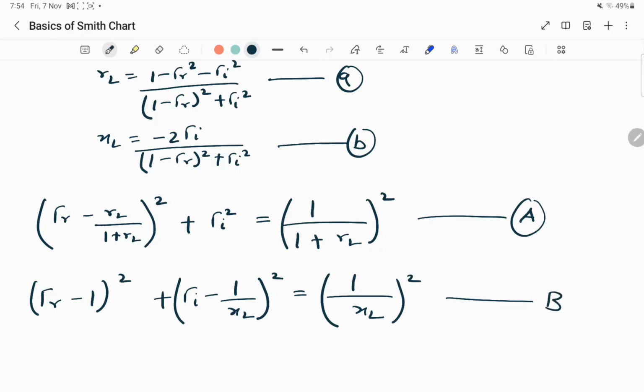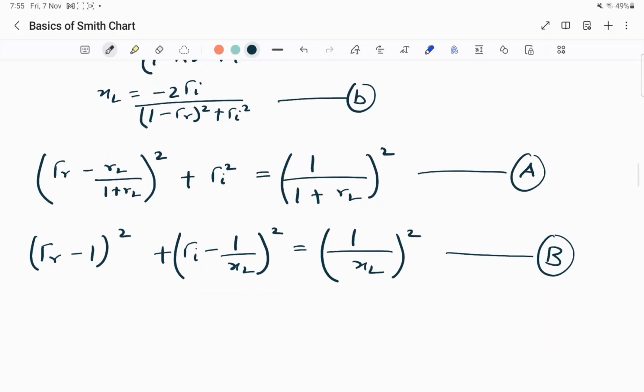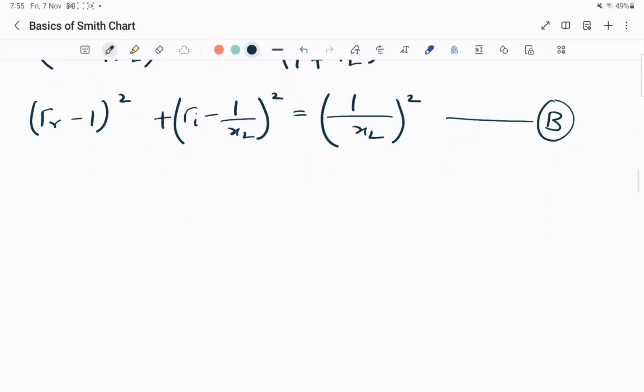Let us call this equation capital B. Okay, now these two equations A and B resemble the equation of a circle. Therefore, we are going to see in detail how the center and the radius of these circles turn out to form the circles inside the Smith chart. Alright? Okay.